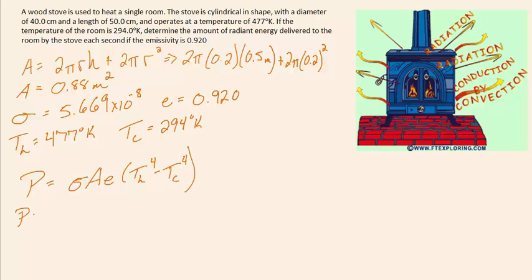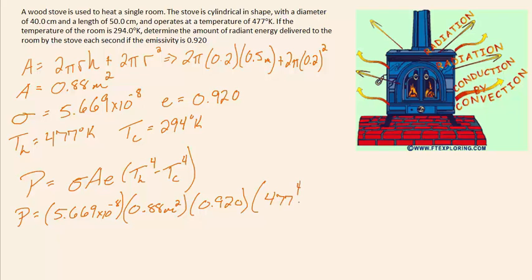So we can plug in our values. Sigma is our Boltzmann's constant, which has a value of 5.669 times 10 to the negative 8th, and the area of our cylinder is equal to 0.88 meters squared, and our emissivity has a value of 0.920 multiplied by our temperature at higher concentration of 477 degrees Kelvin to the fourth power minus our temperature at lower concentration of 294 degrees Kelvin to the fourth power.